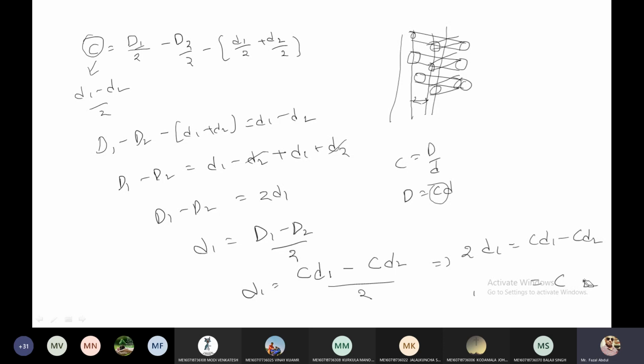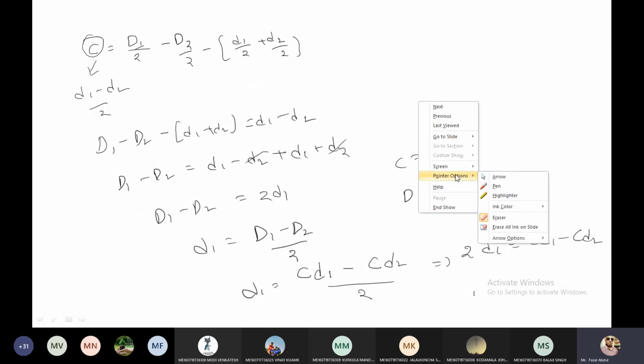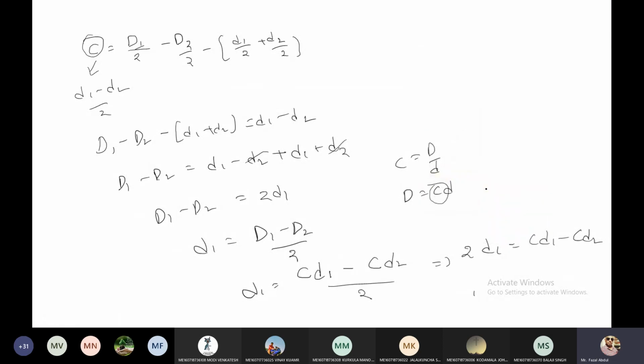Taking d1 terms one side, C d1 minus 2 d1 equals C d2.